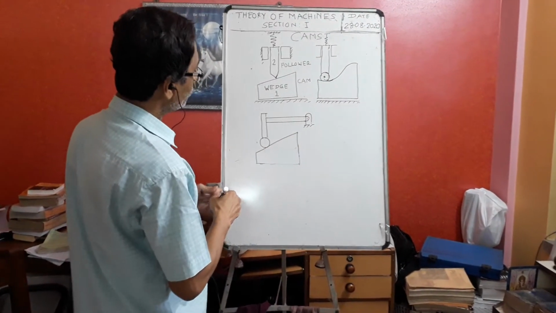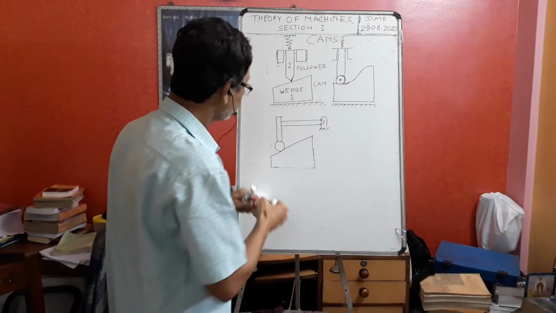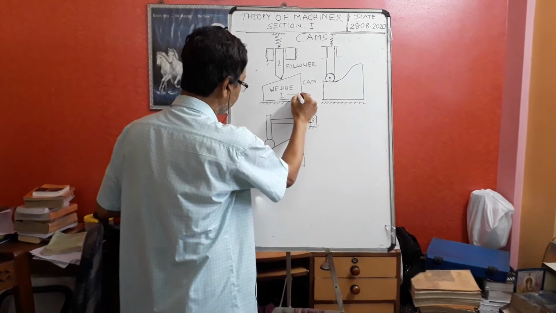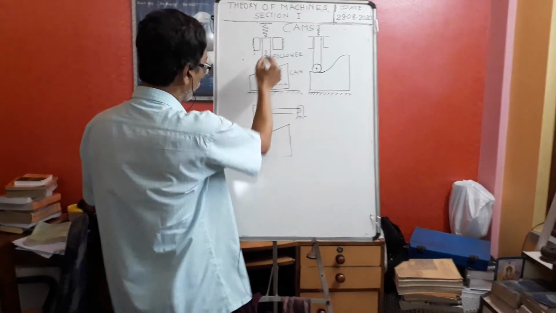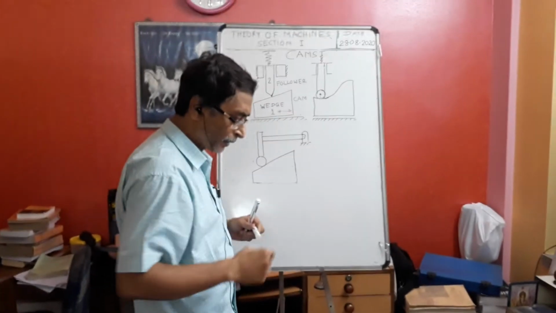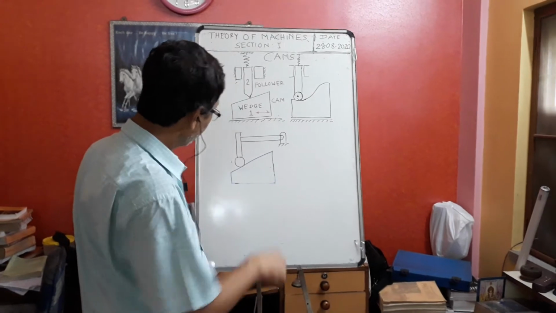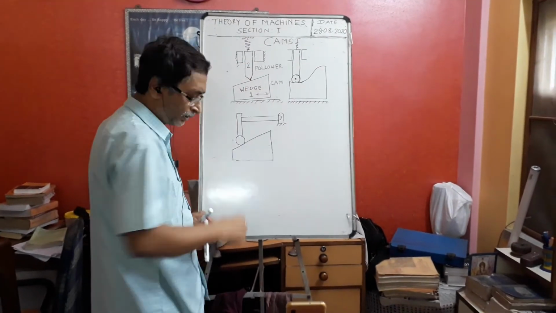Now suppose I move this wedge in this direction. What will happen to the element link 2? Can anybody say? If I move this link in this direction, what will happen to link 2?